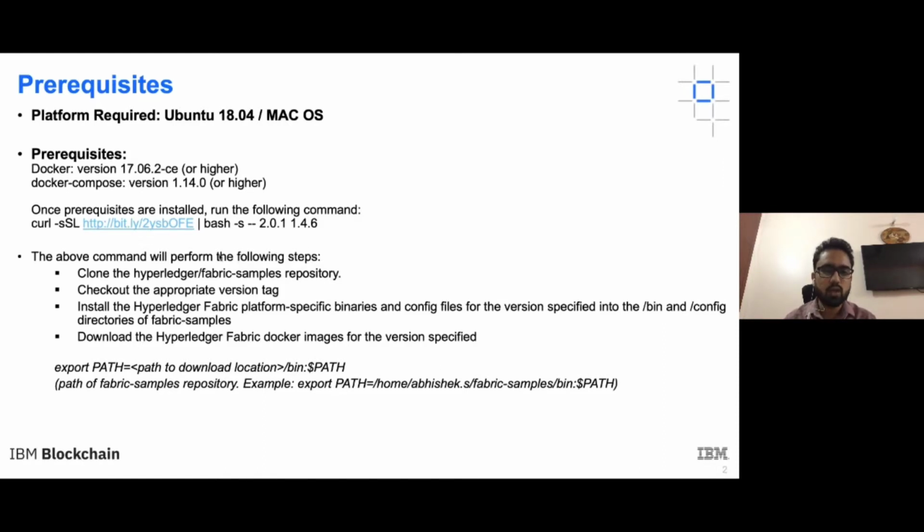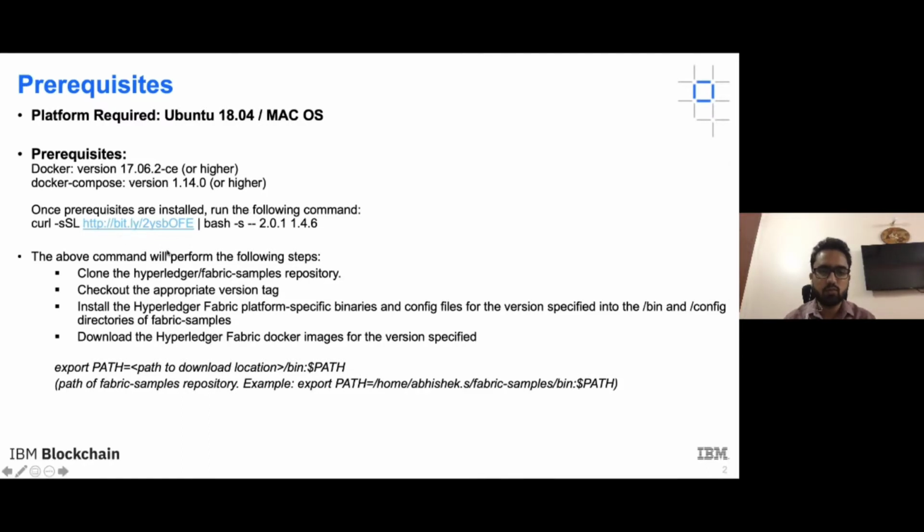When you run this command, it will clone the Hyperledger Fabric sample repository. That includes all the scripts that we are going to use, all the smart contracts that we are going to deploy, and many other things.